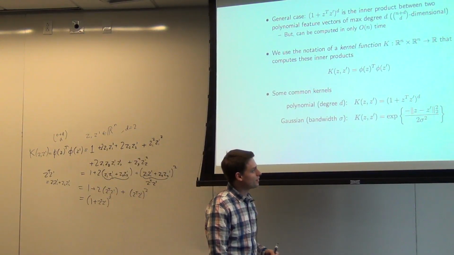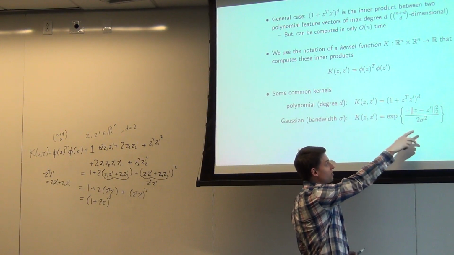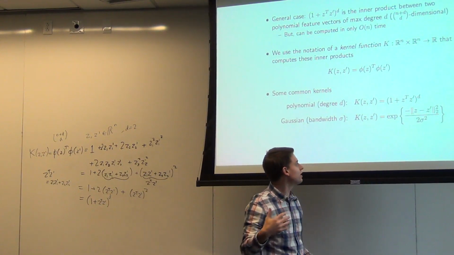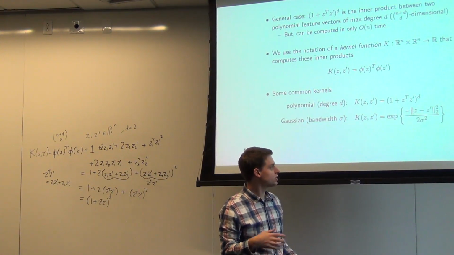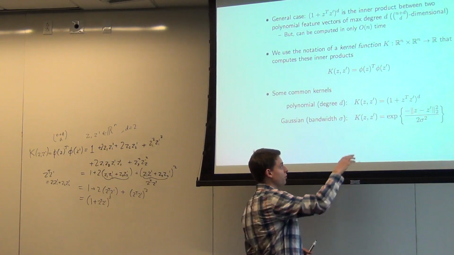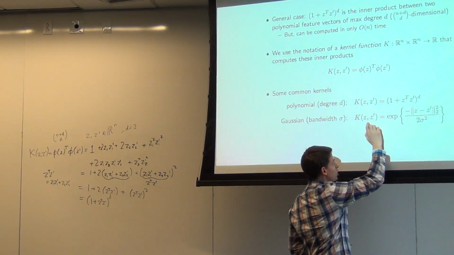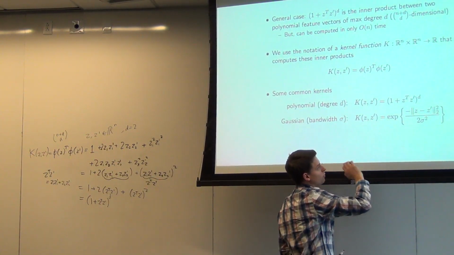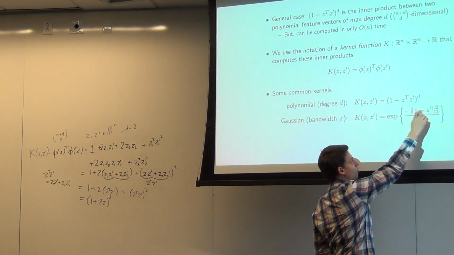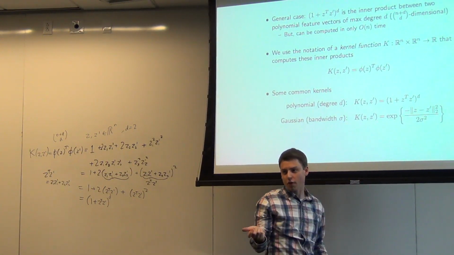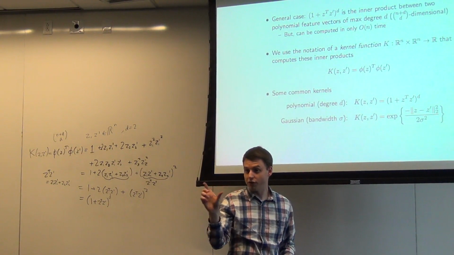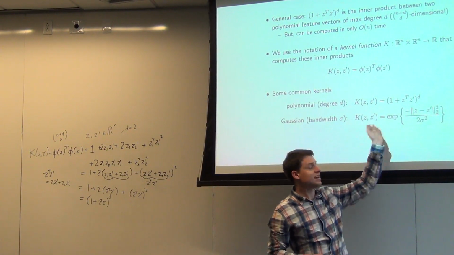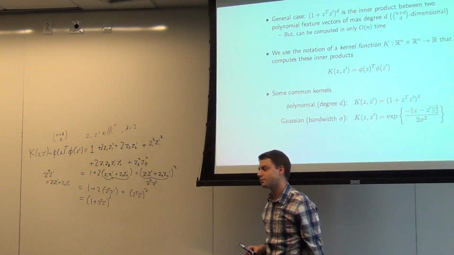And that is computed in a different way. You can think of this as similar to an RBF, a similar formula. But basically, to compute this kernel function, you look at the difference between these two input points, not the difference between this point and some other mean mu, like you did for an RBF. Now we're just looking at the difference between two different points. We compute this, and that's the kernel function.